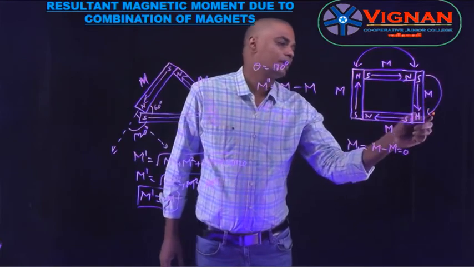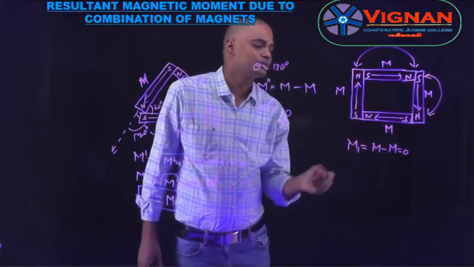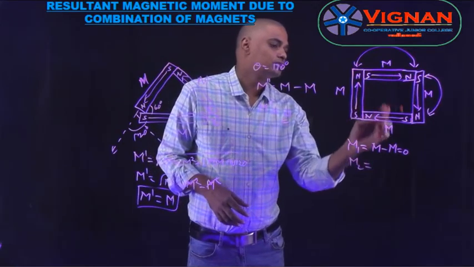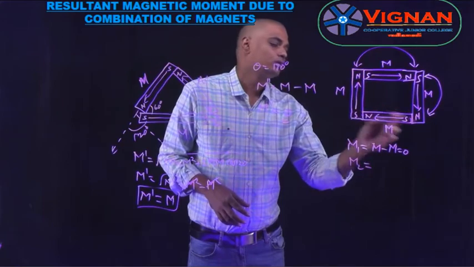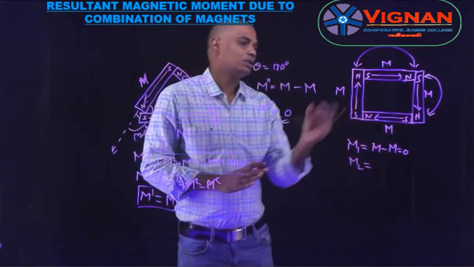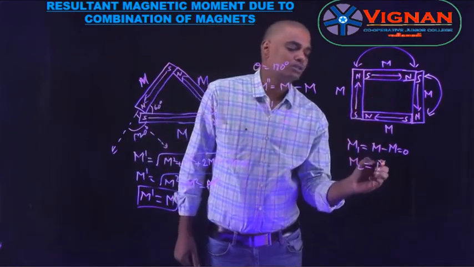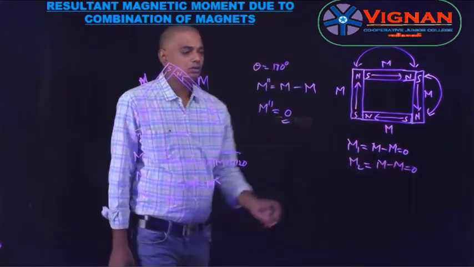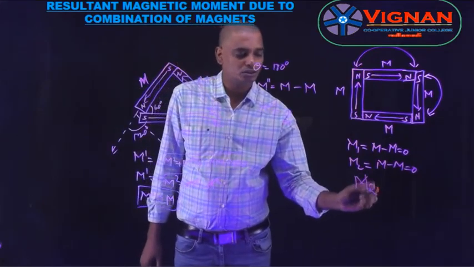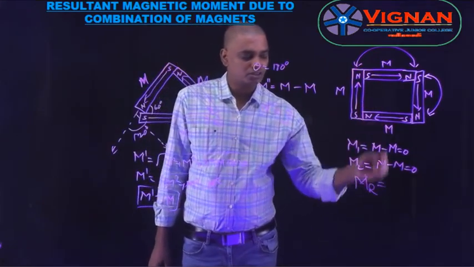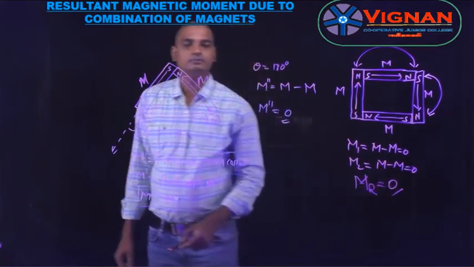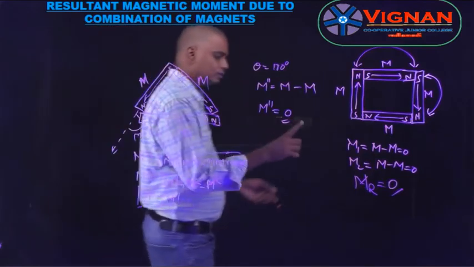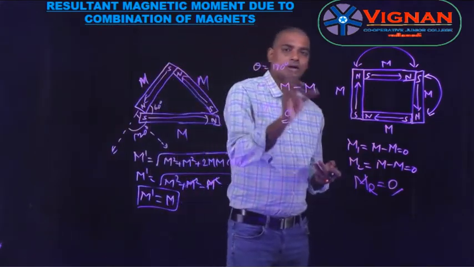Similarly, for these two bar magnets placed in the horizontal direction, with unlike poles touching each other, the resultant M2 will be M1 minus M2, so M minus M, simply 0. Therefore the net resultant magnetic moment due to the four identical bar magnets placed in the form of a square is 0. Very simple.